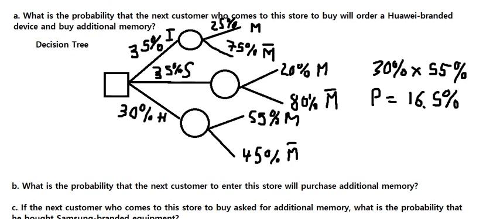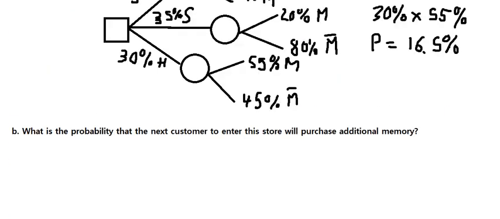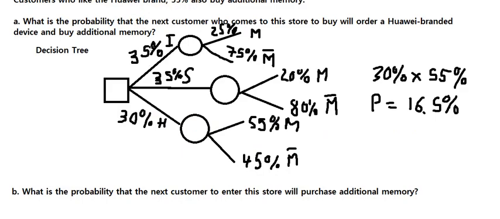Now let's go to the next one. What is the probability that the next customer to enter this store will purchase additional memory? We have 3 types of customer: iPhone, Samsung, Huawei. They always go to additional memory in here.